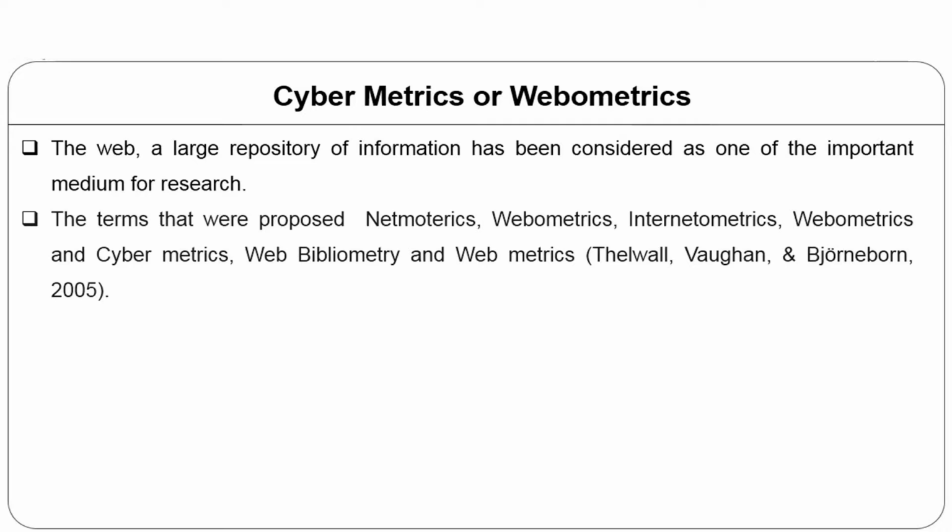They have defined Webometrics as the study of quantitative aspects of construction and use of information resources, structures and technologies on the WWW, drawing on bibliometric and informetric approaches. They define Cybermetrics as the study of quantitative aspects of construction and use of information resources, structures and technologies on the whole of the internet, drawing on bibliometric and informetric approaches.